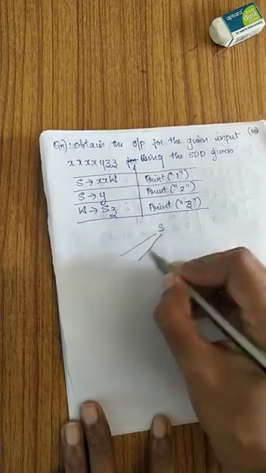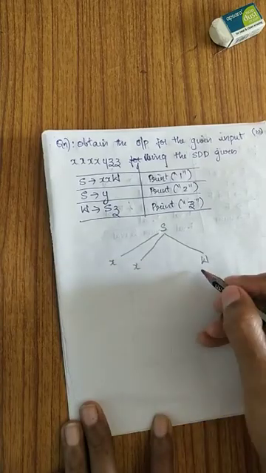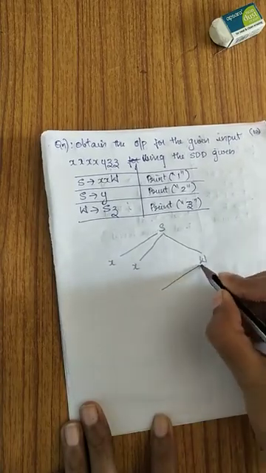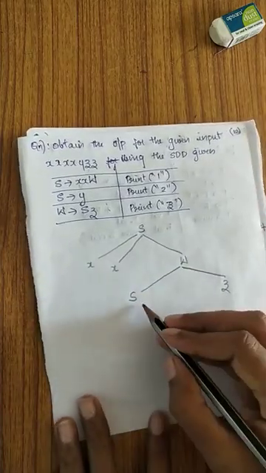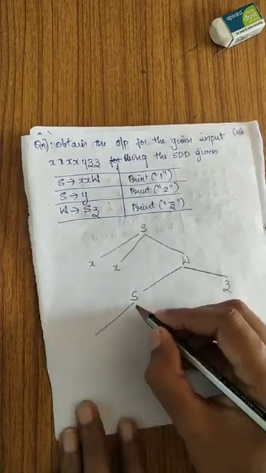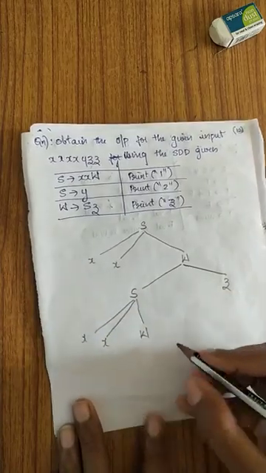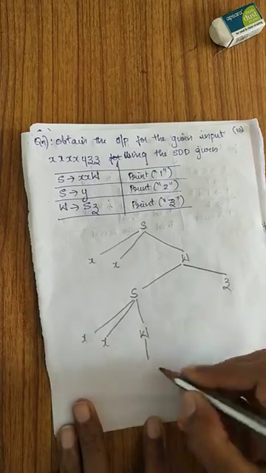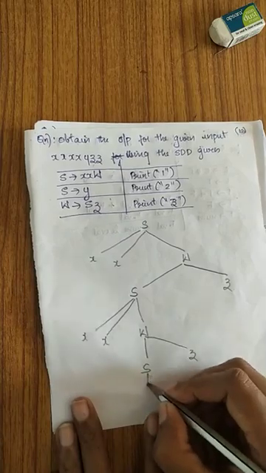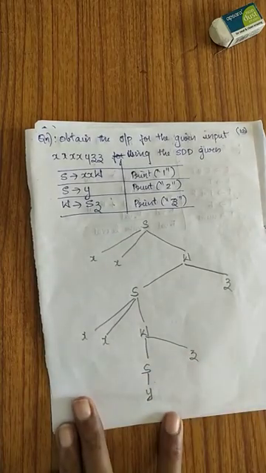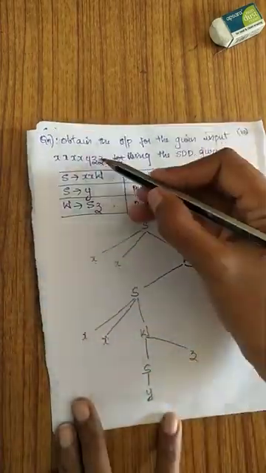S derives X, X, W, and from W, S, Z, small letter Z, again S, X, X, W, W2, S, Z, and from this S, Y. So hope our input has been obtained, that is X X, X X, X X, Y, Z, Z. So this is our input.